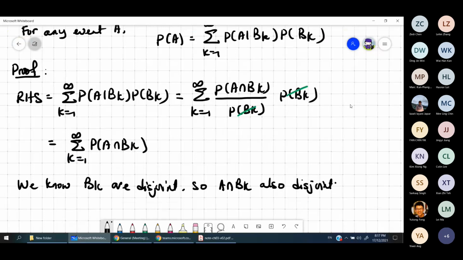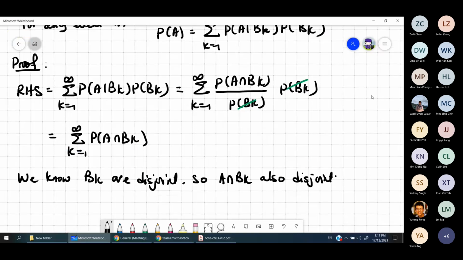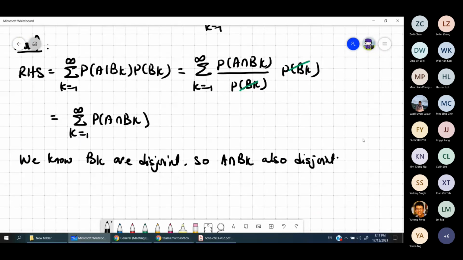So when this is disjoint, then we can have this, and the summation becomes this.